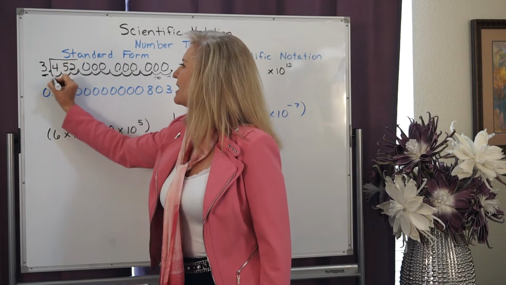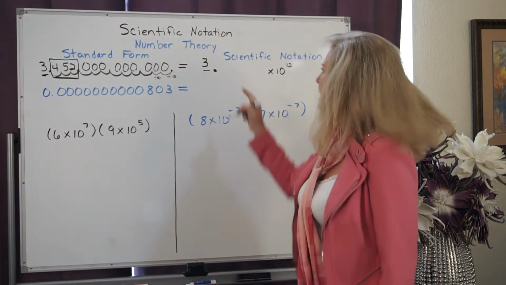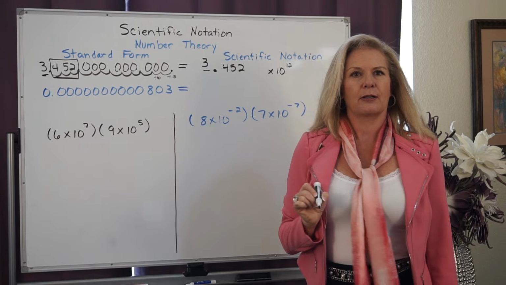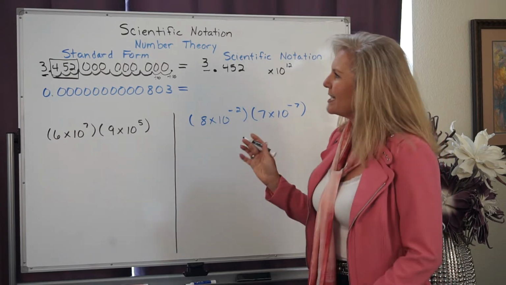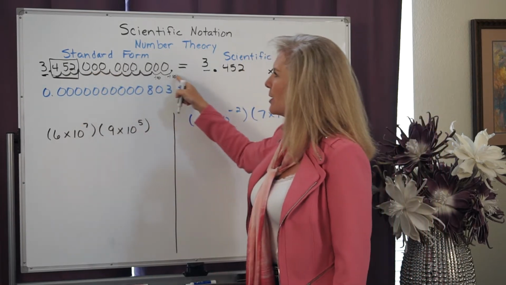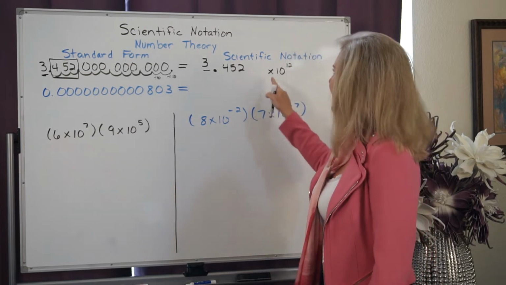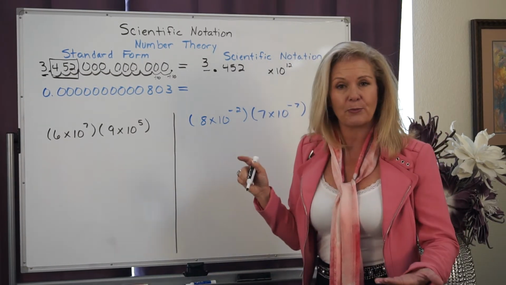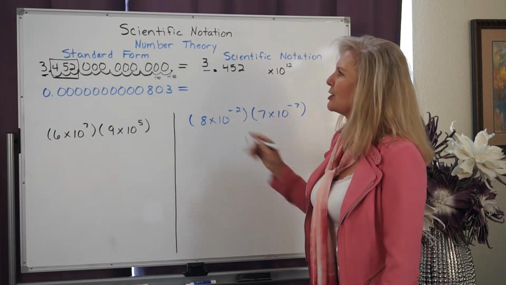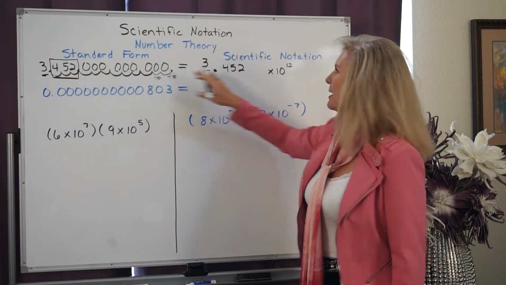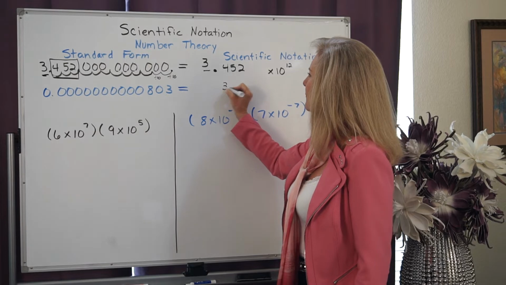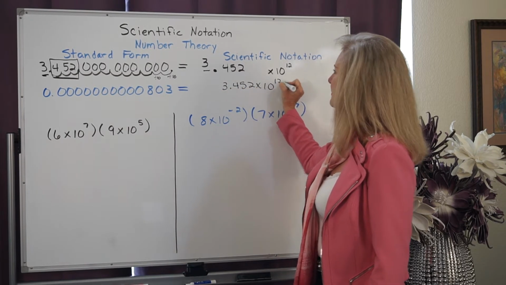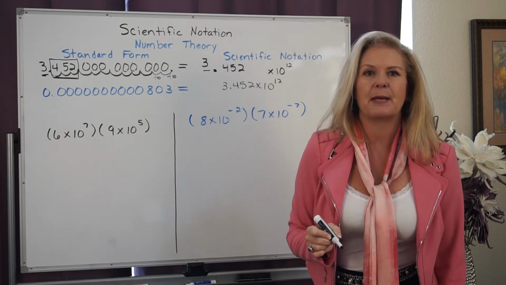So I have to include that 4, 5, 2. And I'm going to put that right after that decimal point. Once I get to this string of zeros, I stop. That's when I say times 10 to whatever number of places I moved that decimal point. So standard form and scientific notation form look entirely different, but they mean the same number.